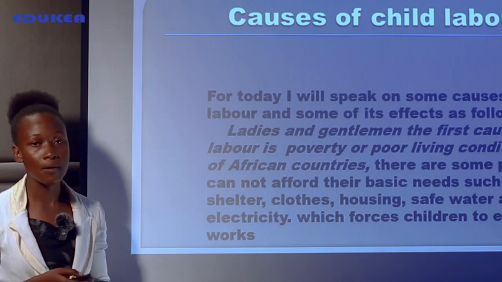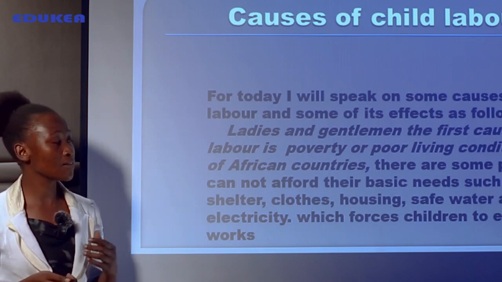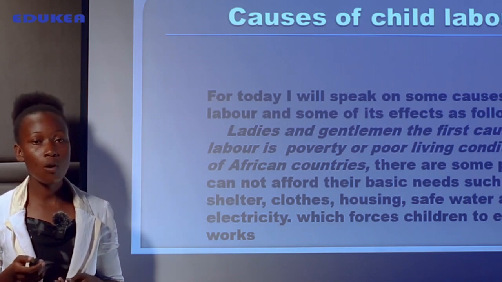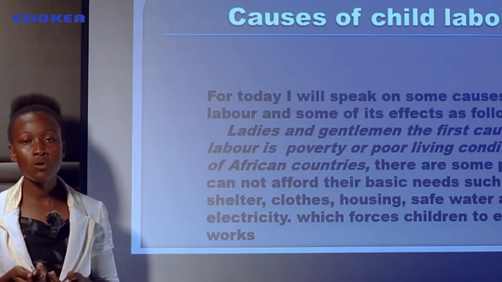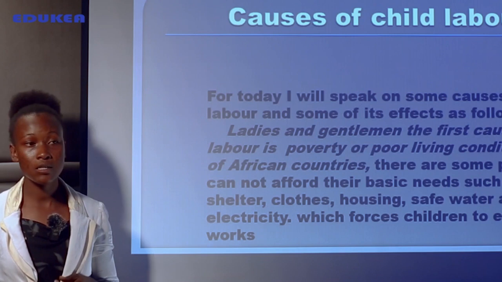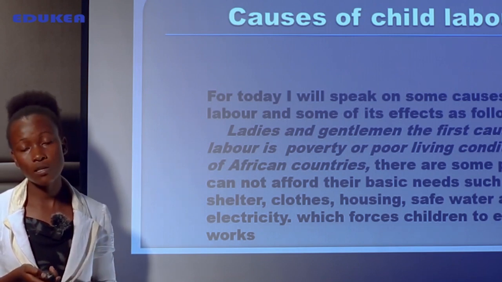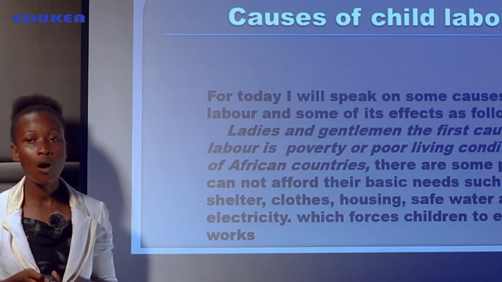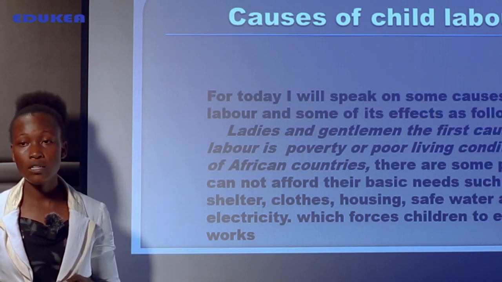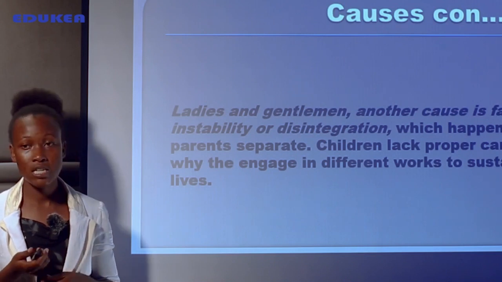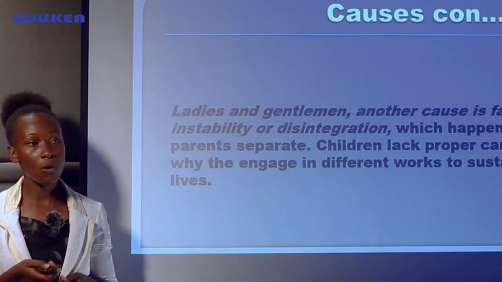So by giving this explanation, it tells the audience that in most African countries there is poor living condition. That is the first cause or factor which makes children engage in different works or employments.